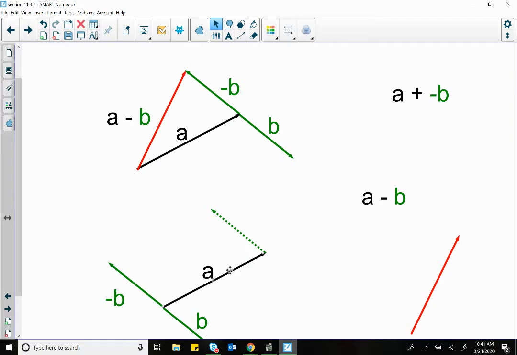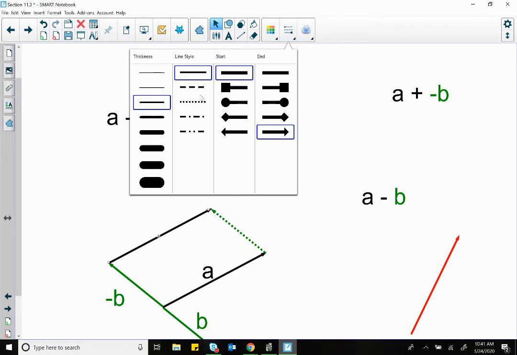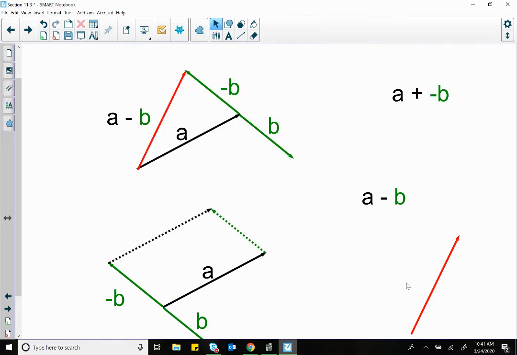And they think that this guy exists over on the other side as well, too. And again, we'll make this guy dotted. So there's the complete parallelogram for that. And there's that A minus B vector again that connects the diagonal of it.